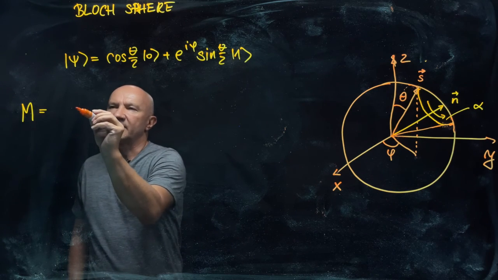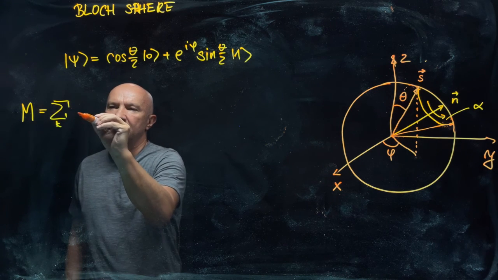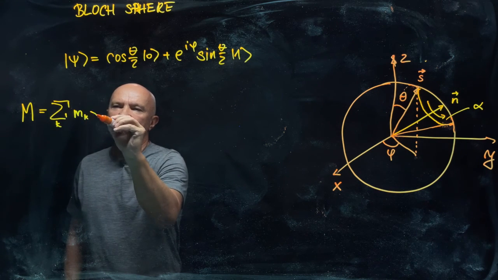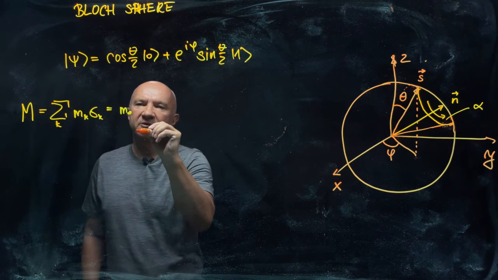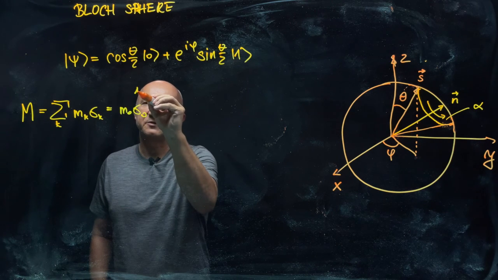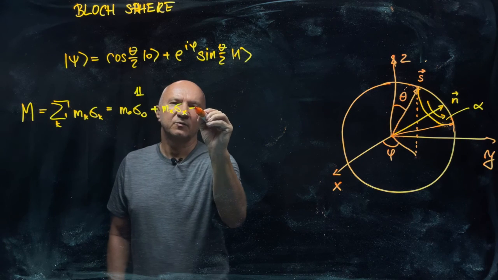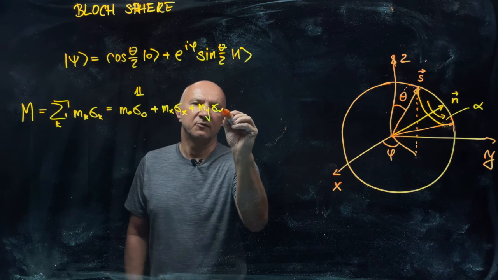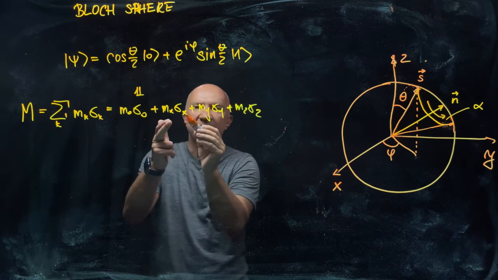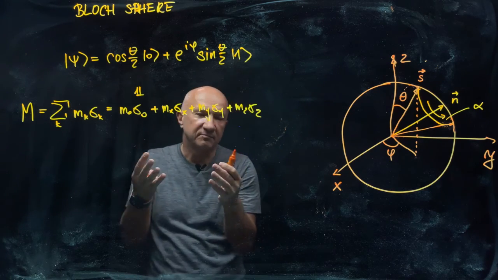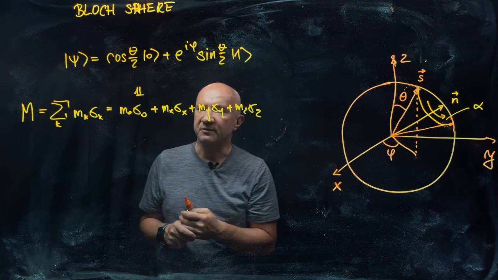So I can write any matrix of this type as the sum over k of m_k sigma_k, by which I mean m0 times sigma 0, which is really the identity, plus mx sigma x plus my sigma y plus mz sigma z, where mx, my, mz are in general any complex coefficients, and the same stands for m0 here.